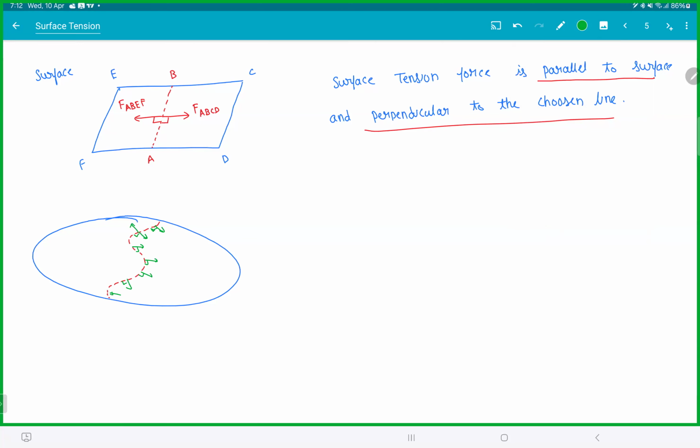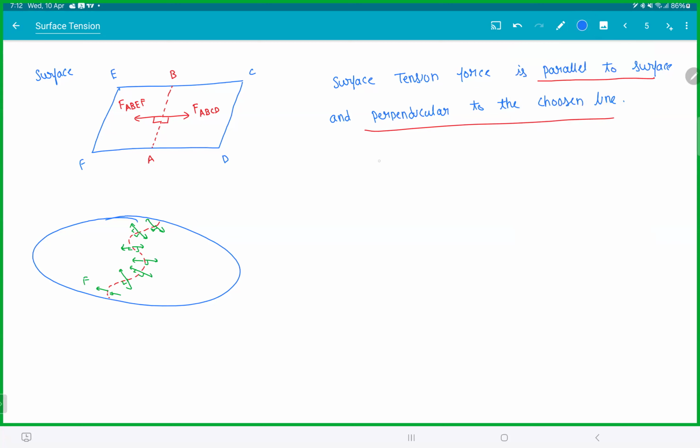The same force will act on the other side also. Getting it? So each surface is pulling with that same thing there.